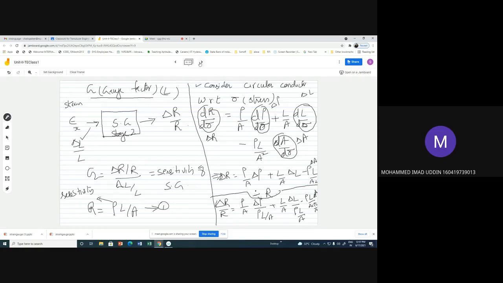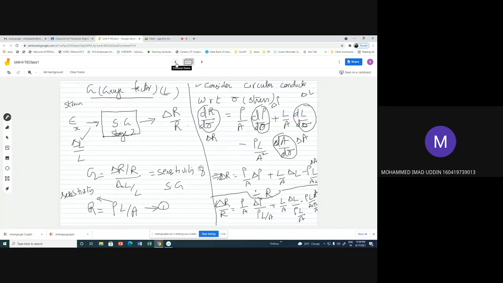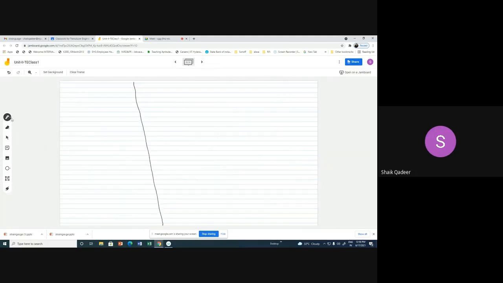So the last equation was delta R by R. Delta R by R is equal to delta rho by rho plus delta L by L minus delta A by A. Are you getting like this? Yes, sir.